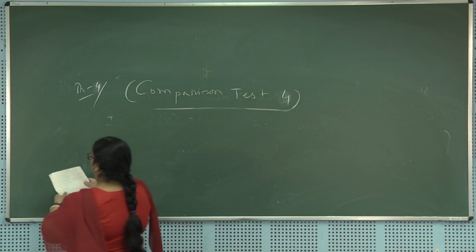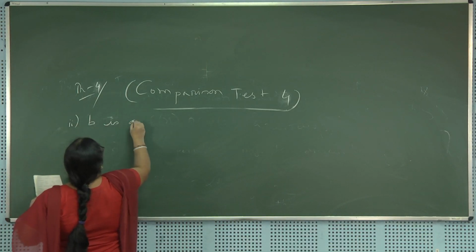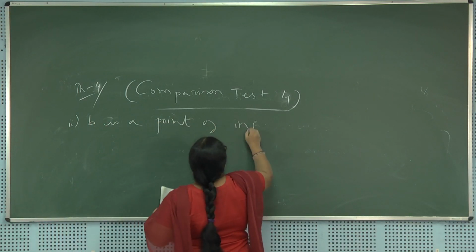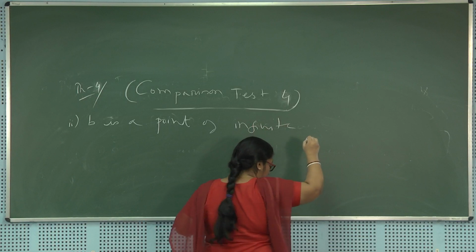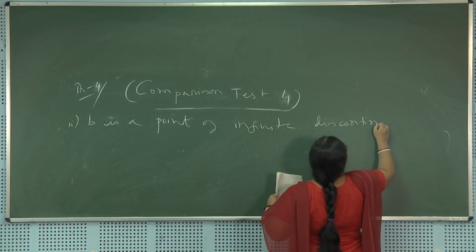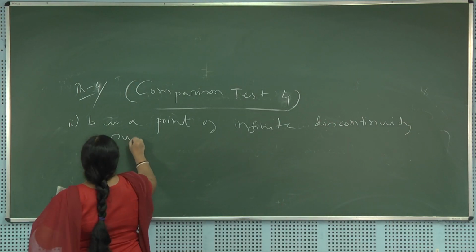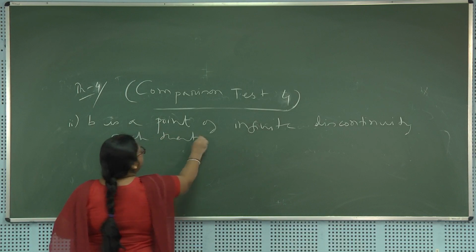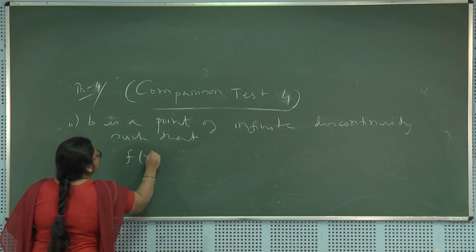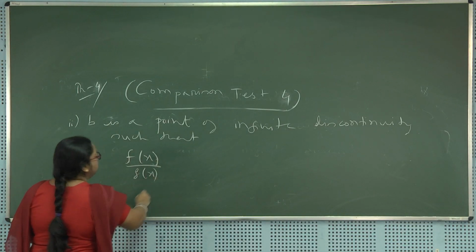Next case can be case 2, that if b is a point of infinite discontinuity, then we will take the ratio f(x) upon g(x) just like before, but remember here b is the upper limit.